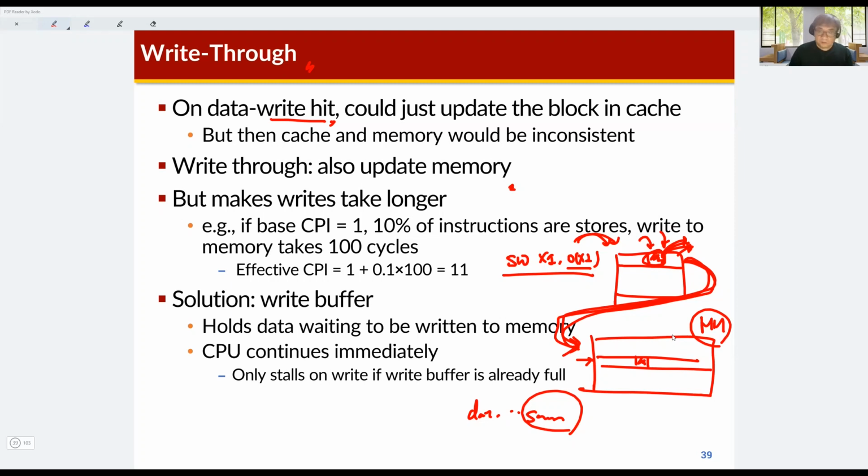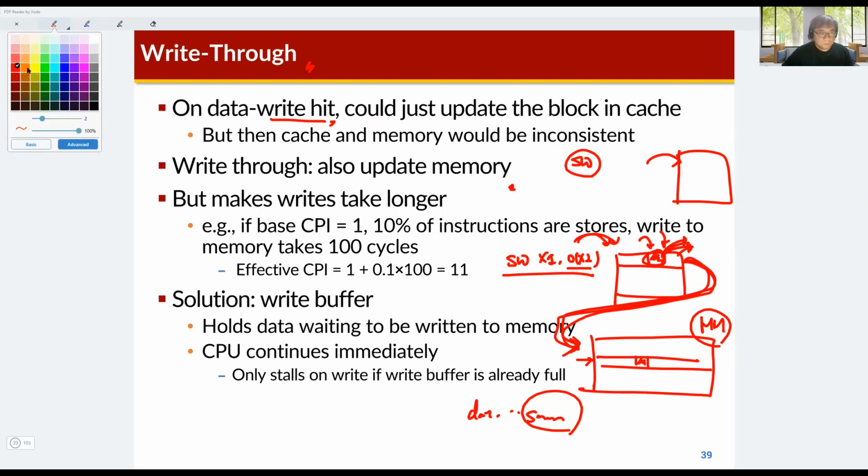So whenever the store instruction is executed by the processor, the main memory is accessed by this store instruction. But you need to remember that the main memory is so slow. So with this write-through method, the performance can be degraded. Okay, that is the disadvantage of the write-through method. What's the problem?